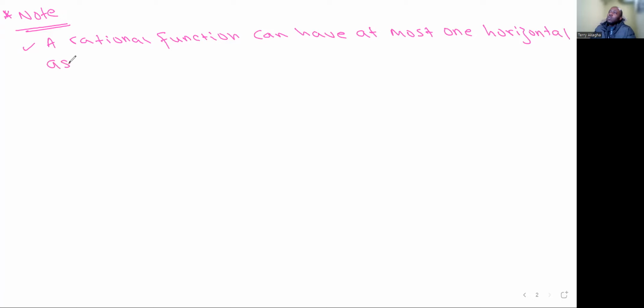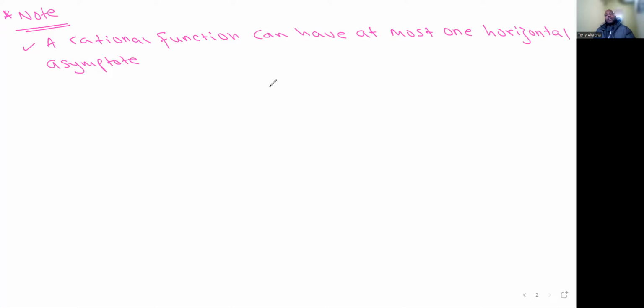So I'm going to write it down. A rational function can have at most one horizontal asymptote, all right?